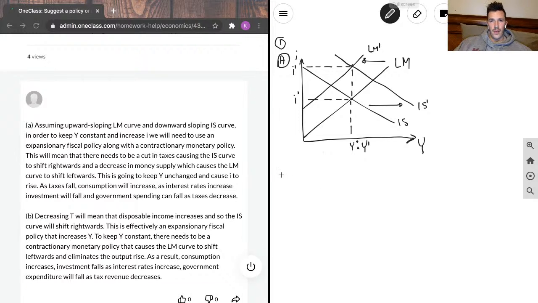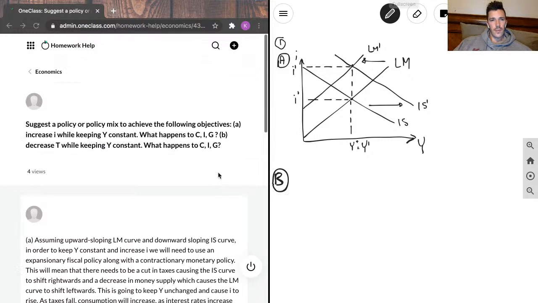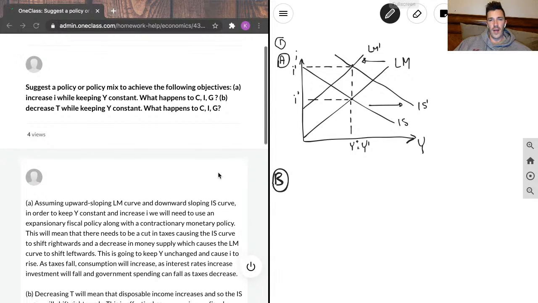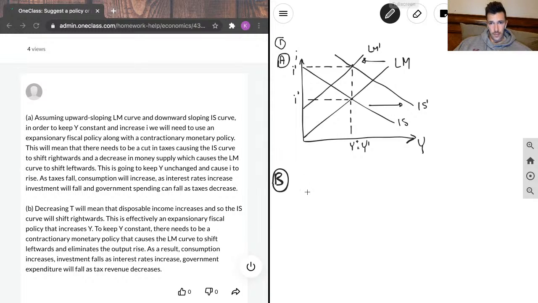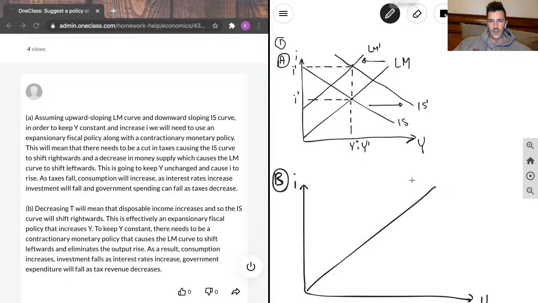We can move on now to part B. Part B: decrease taxes, T, while keeping Y constant. What happens to C, I, and G? Let me redraw the same graph. Output on the x-axis and interest rate on the y-axis.